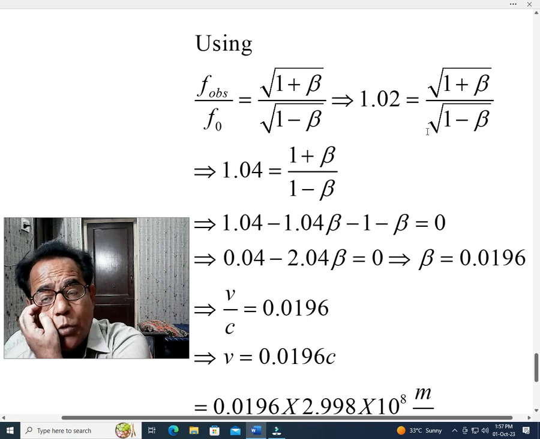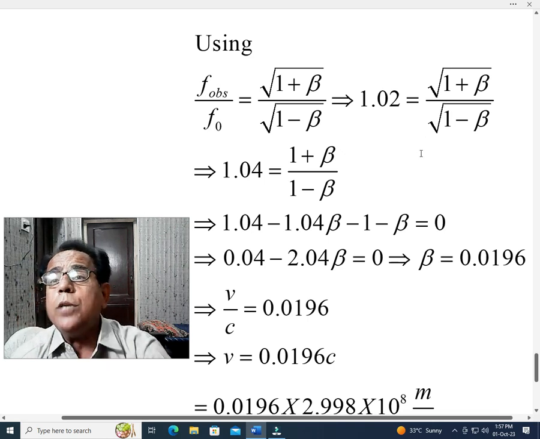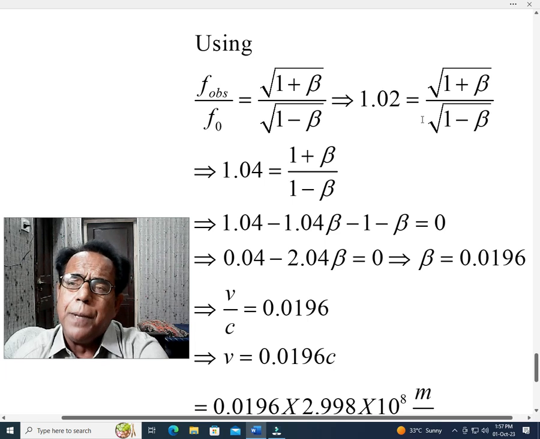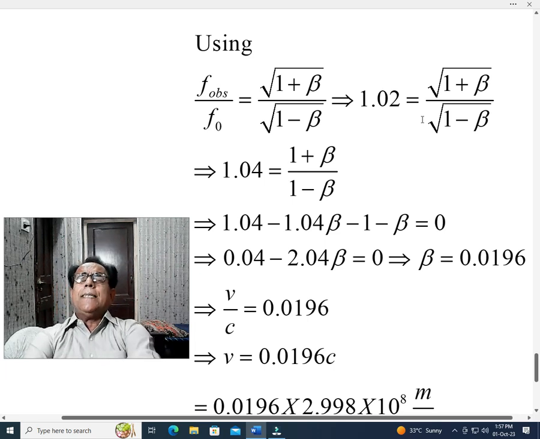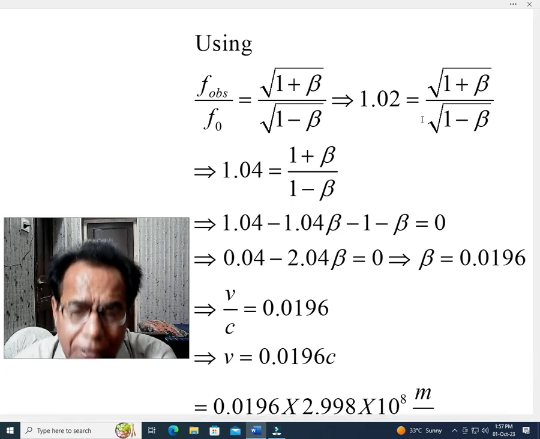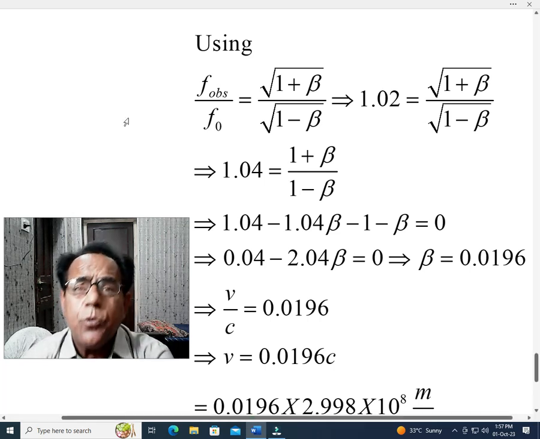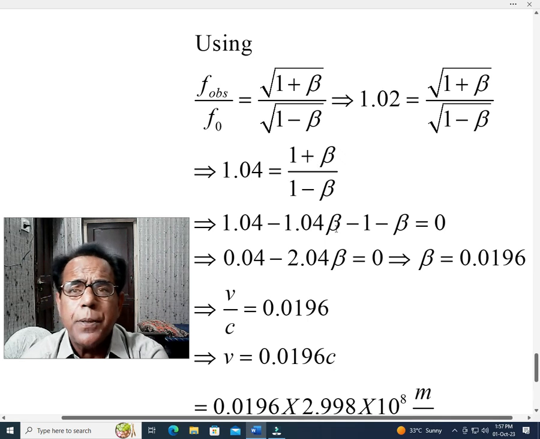The under root will be cancelled because the square of under root cancels under root. Because under root is power 1 by 2, and hence power 2 of power 1 by 2, the 2 is cancelled by the 2.